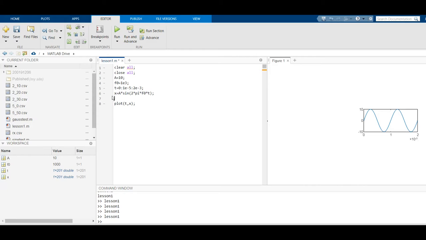So let's eliminate this. And today I'm going to show one more trick. If you want to stretch the x-axis of this, you can do it in 2 ways. If you don't want the function to be affected, if you want to keep the x as such, say for example you are putting just 2t or something, you can do that. Or if you just want this plot to be extended, now you can see the time period is 1 millisecond, right?